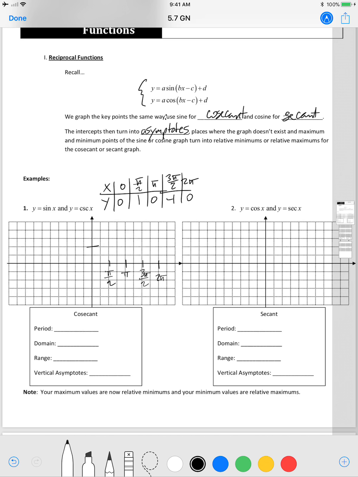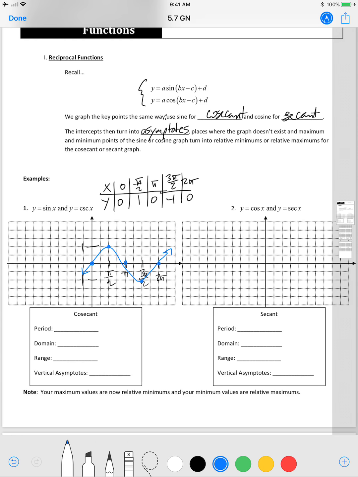We'll call this 1, negative 1. So the regular sine of x graph will start here, here, here, here, and here. Okay, we should be getting incredibly comfortable with the graph of the sine of x.